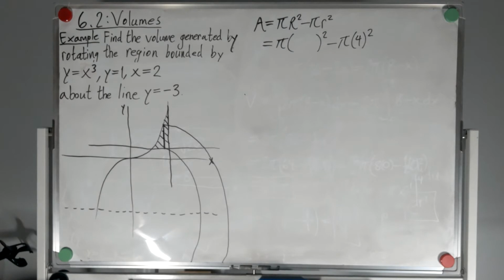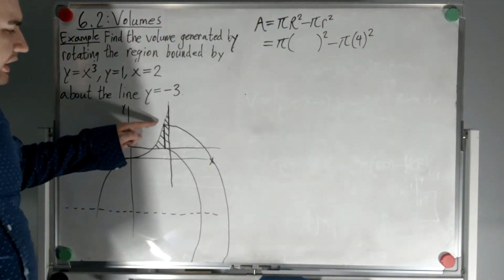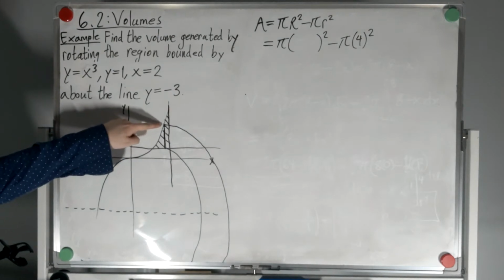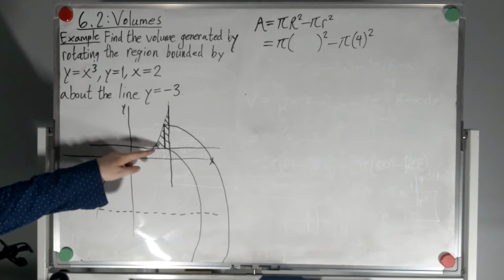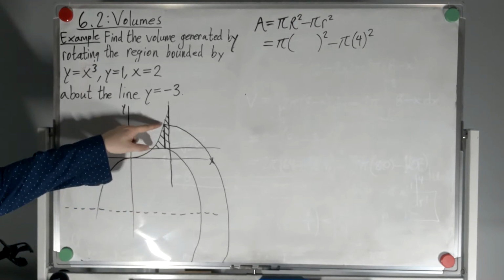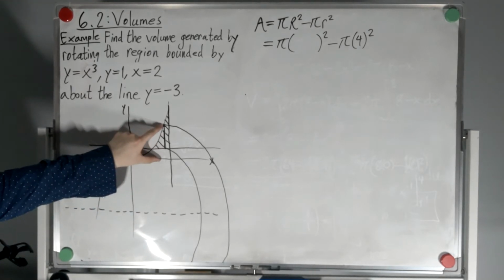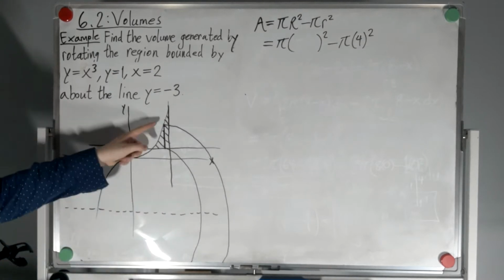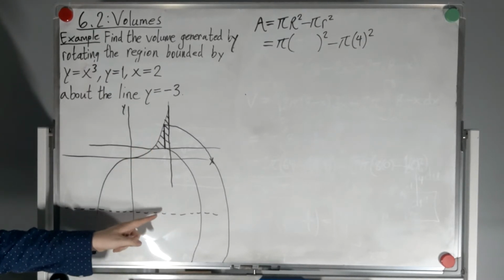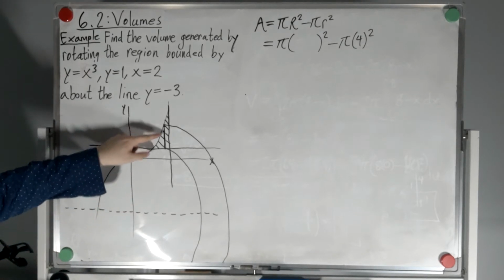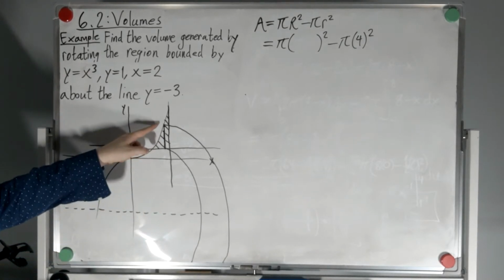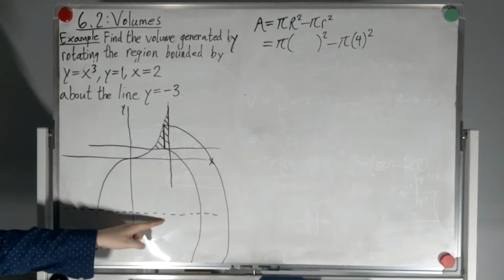As for the outer radius, well, the outer radius is going to be the distance between a point on this curve and -3. So normally we just say that's x cubed if we were revolving around the x-axis, but we're not. We're revolving around the line y equals -3. So what we've got to do here is add 3 more units to that. So x cubed plus 3.